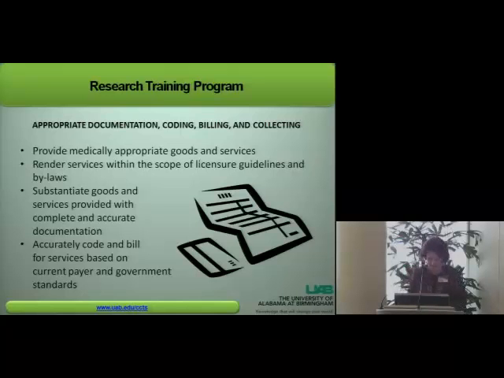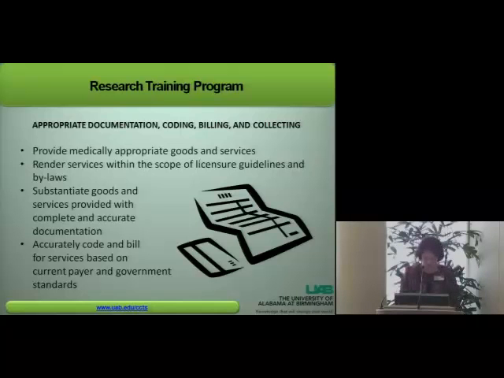This element relates to stewardship, but for academic medical centers and research institutes in particular, this is a significant business area and risk, and it's often addressed separately, and that is appropriate documentation, coding, billing, and collecting. Here, team members provide medically appropriate goods and services and render services within the scope of their licensure, guidelines, and bylaws.